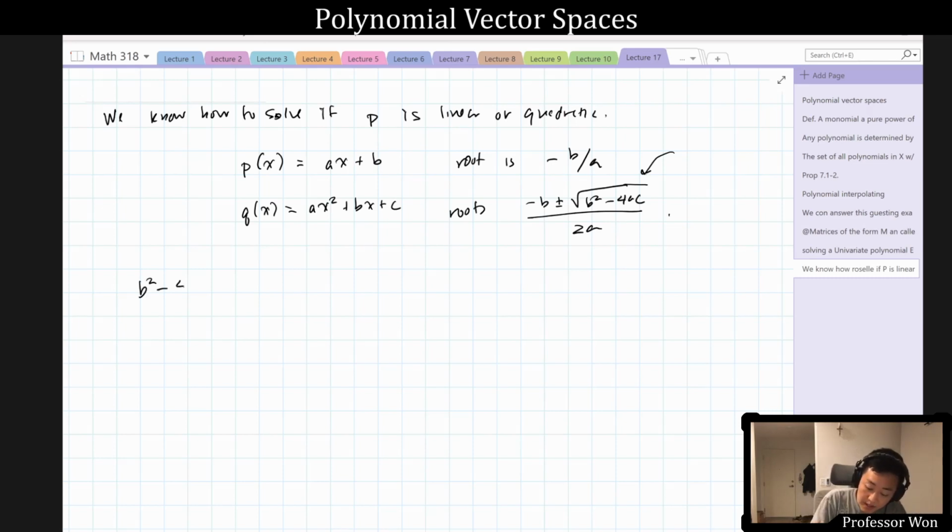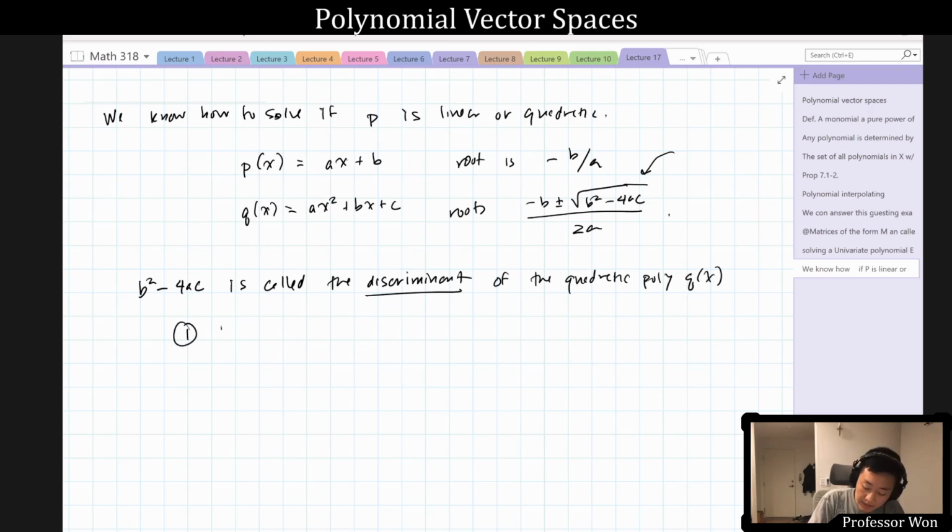So b squared minus 4ac is called the discriminant of the quadratic polynomial q. Right, and if it's positive, then q has 2 distinct real roots.